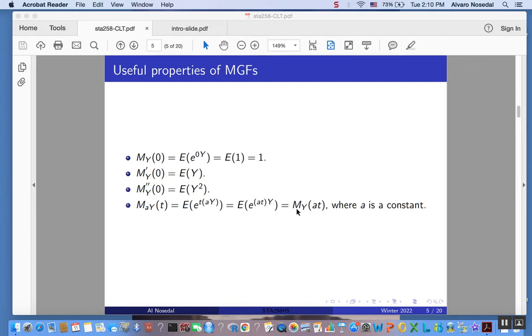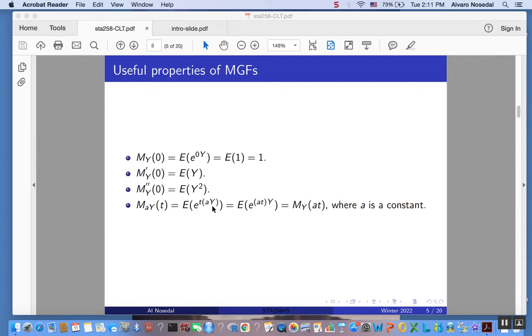But that happens to be the MGF of just the random variable y, but now, instead of evaluating at t, you are evaluating at a times t. Okay, so all these properties will be useful during our proof.